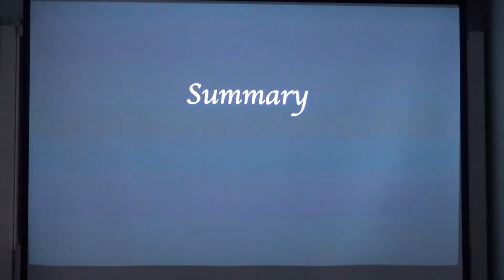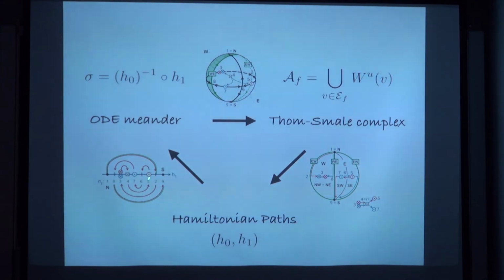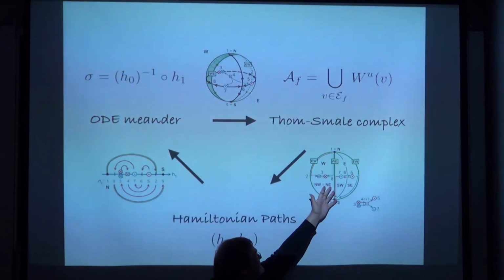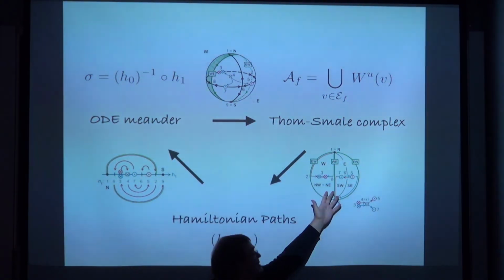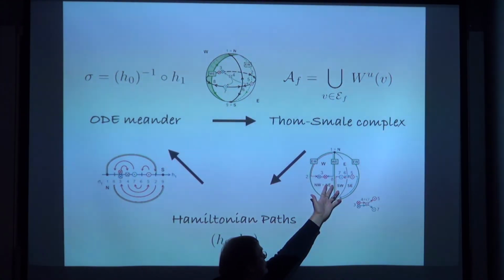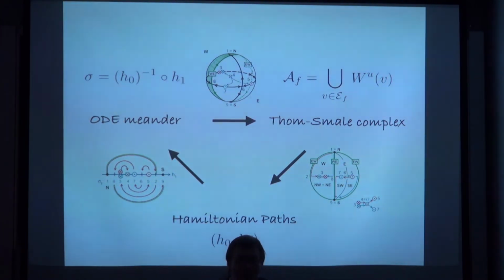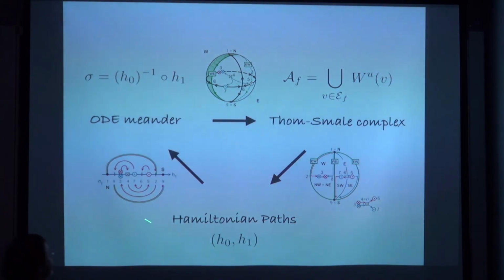Now, as a summary, we have not predicted the future. We have just studied how partial differential equations give rise to ODE meanders, and then we attempted, and so far we are partially successful, this is an ongoing project, to go from signed Thom-Smale complexes, cell complexes which are defined by the dynamics in a variational setting, and determine these Hamiltonian paths from north to south, which we can then identify with a meander, and from that meander we can in turn classify the resulting attractor, and we want to do this in such a way that the diagram closes up.